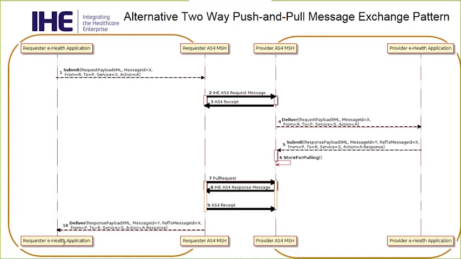So this is how the pull works, so that it is the receiver of the response that triggers the sending of that response message. It remains queued on the provider AS4 message handler.